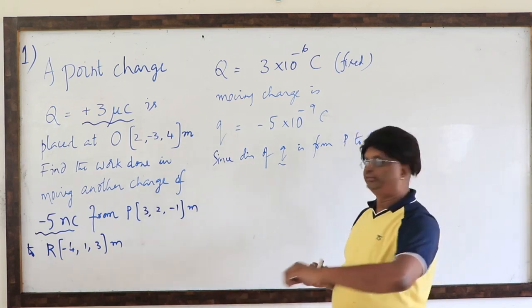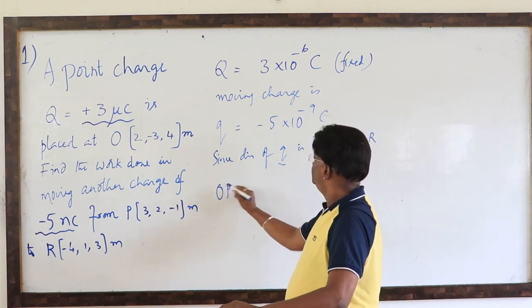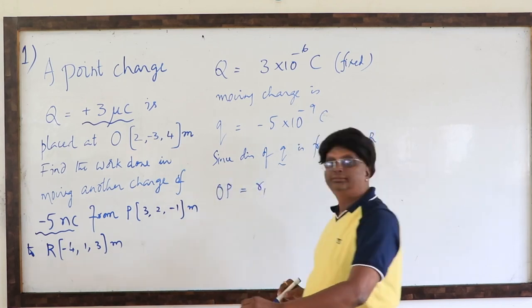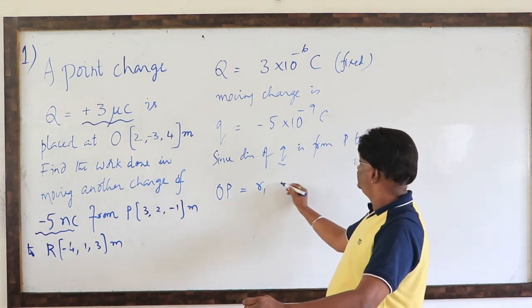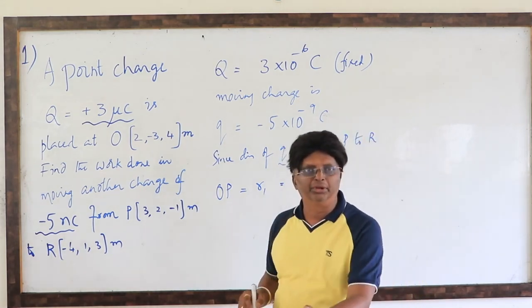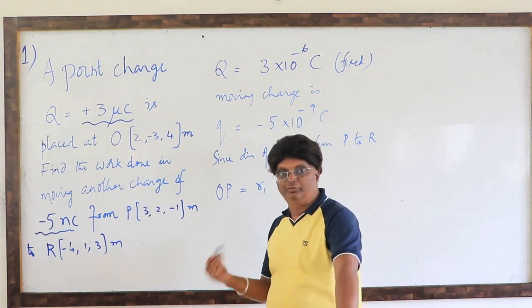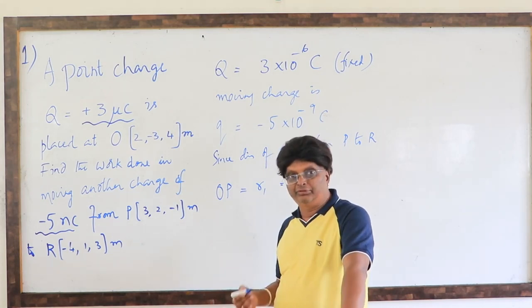Now what I do is that I will consider OP equal to R1, which will give you the distance between two positions. Very familiar, popular result: root of (x2 minus x1) whole square plus (y2 minus y1) whole square plus (z2 minus z1) whole square.